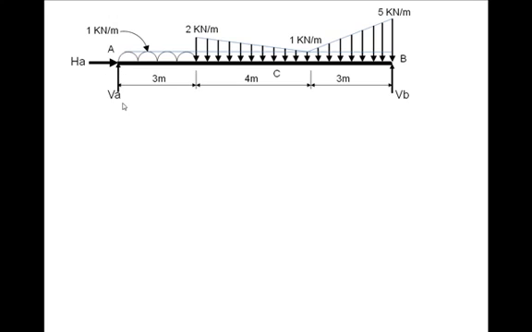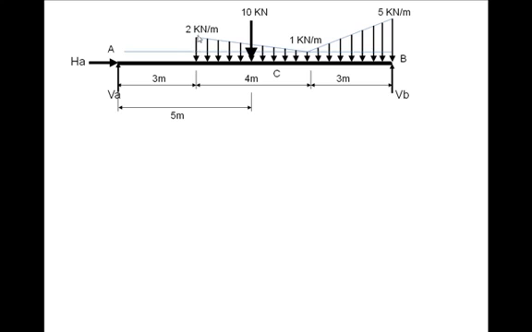So we have done that: HA, VA, VB, and in place of this uniformly distributed load we have put a 10 kilonewton load. It was 1 kilonewton per meter over 10 meters, so the magnitude is 10, acting at the center of 10, that is 5. Now we are going to do a similar thing for these triangles.